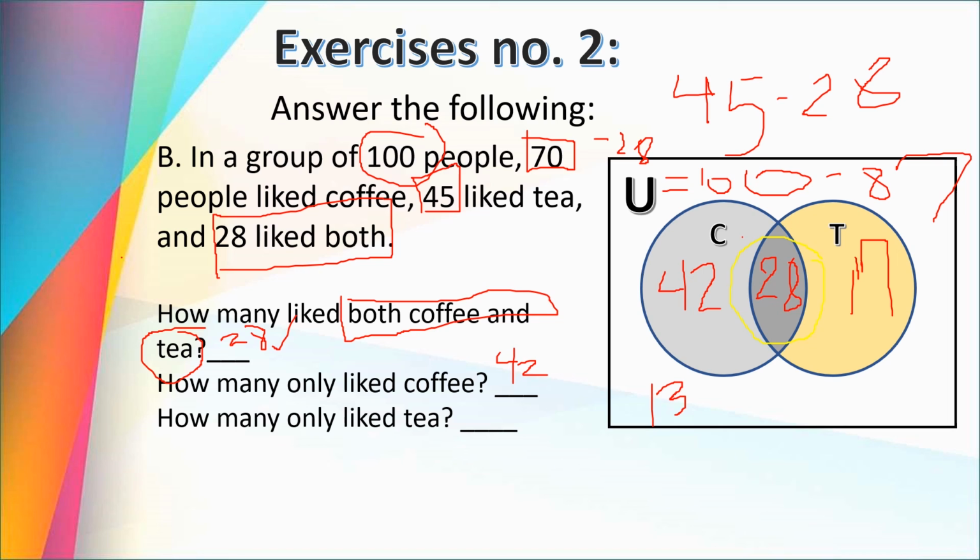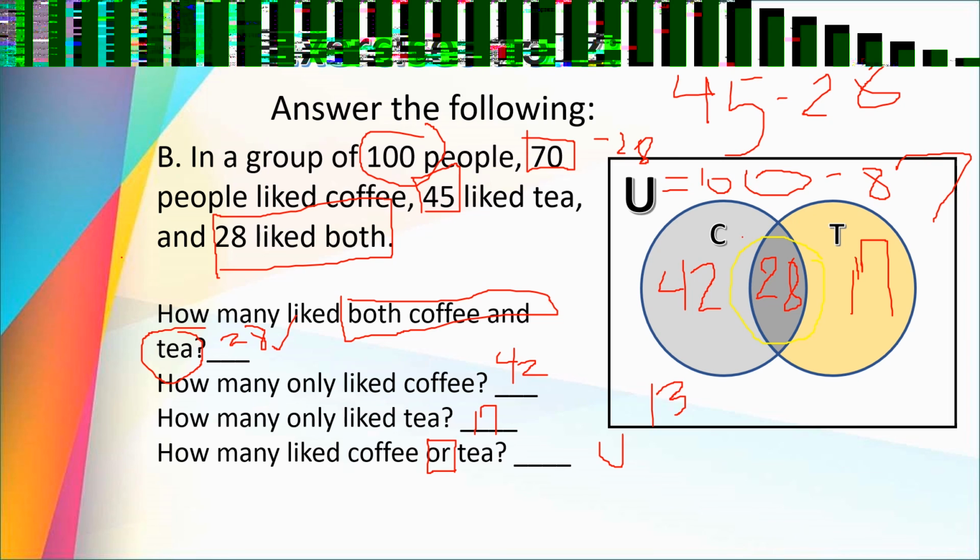Then, next question. How many only like tea? So, same as tea only. Yung 28 kasi is part also ni coffee. So, the answer should be none other than 17. Then, how many like coffee or tea? So, ang key term natin dito is or. So, when we say or, it represents union. So, simply, combine all the elements from coffee and tea.